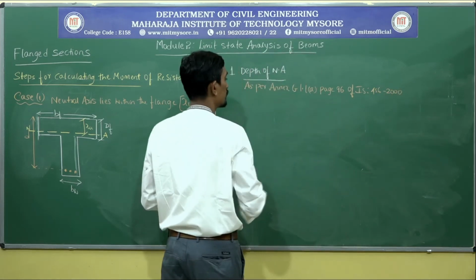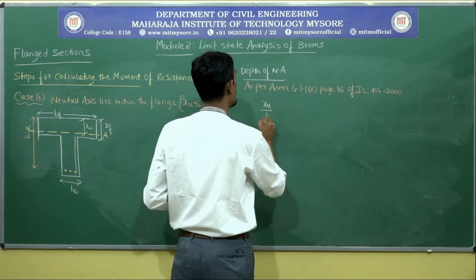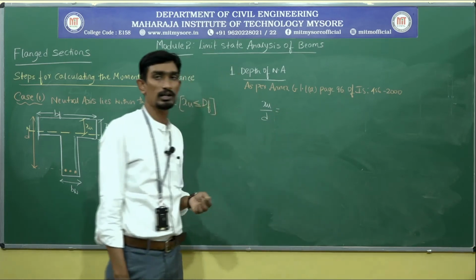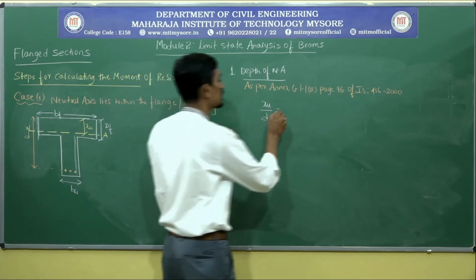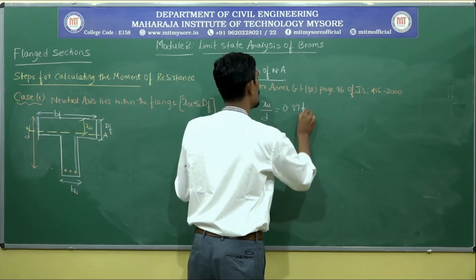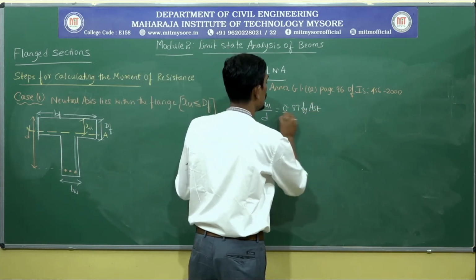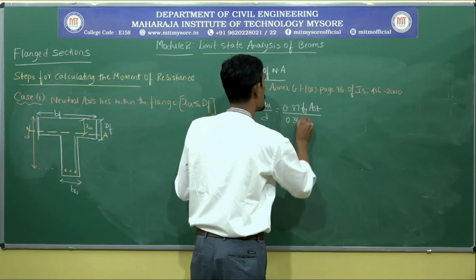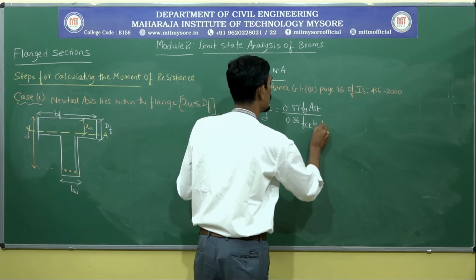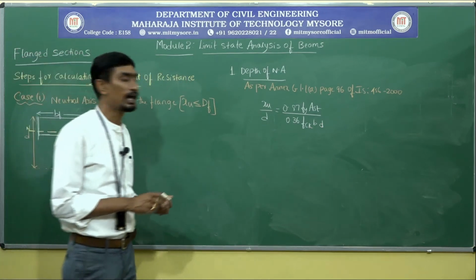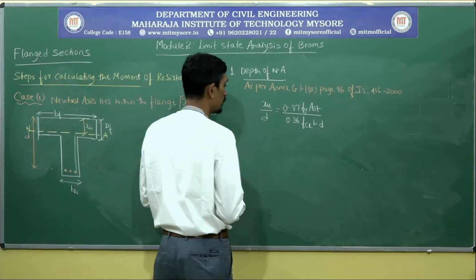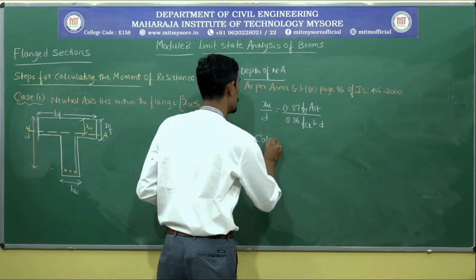The formula is XU by D is equal to 0.87 Fy into AST divided by 0.36 FCK into BD. So from this you are going to calculate the XU.